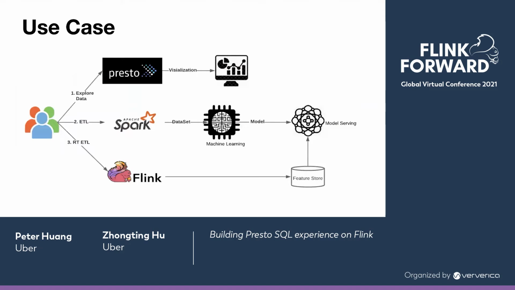So in general, for each type of application, users may need to cover at least three types of SQL engines. For example, they first need to understand the attributes and the importance of the features, or understand the visualization of data. They leverage Presto to query data. Once they have a basic understanding, they usually need to use Spark SQL or Hive on Spark to generate datasets for machine learning pipelines to train the model.